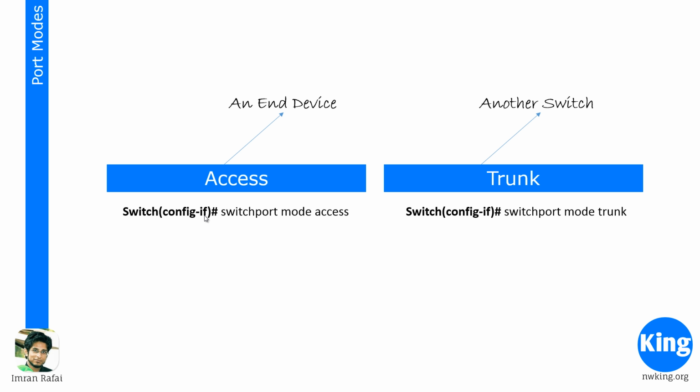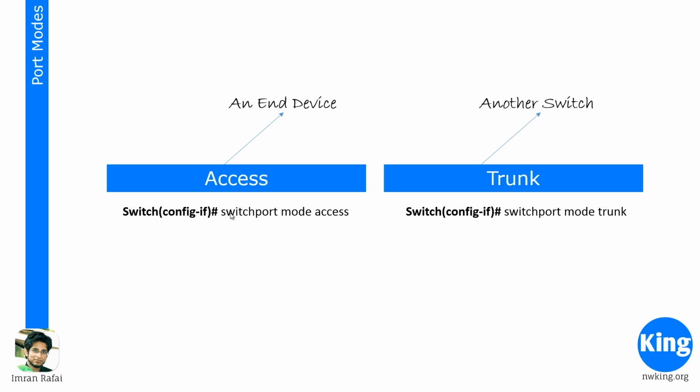So I have used interface fa0/1 or fa0/something, and that is why the prompt has changed to -if, right? So this is a subcommand under interface on a switch. So you go into any interface that you want to convert to an access port, and say switchport mode access.